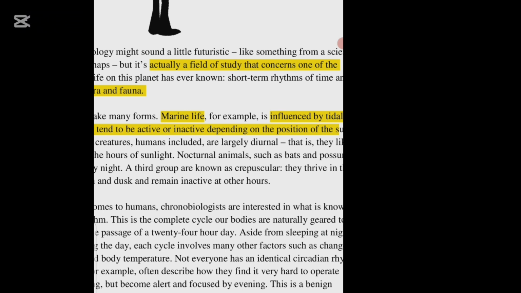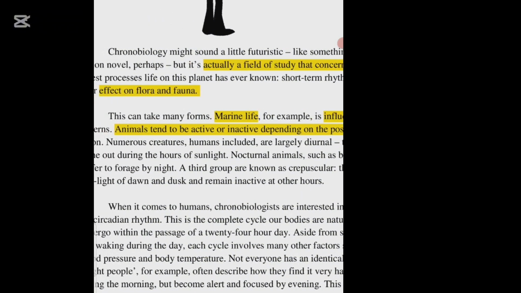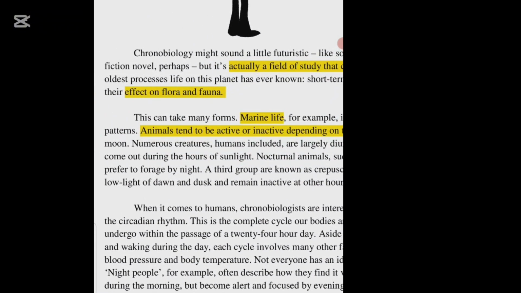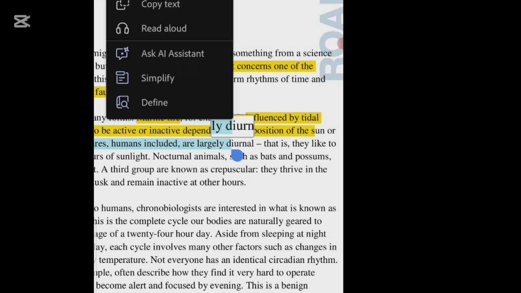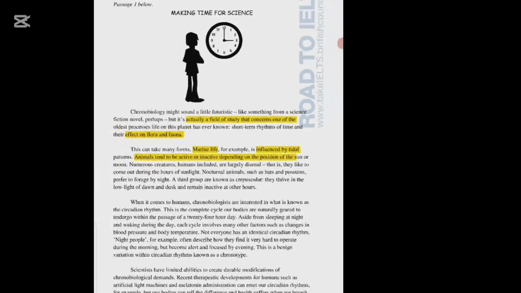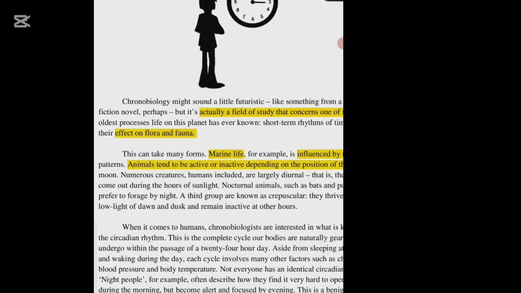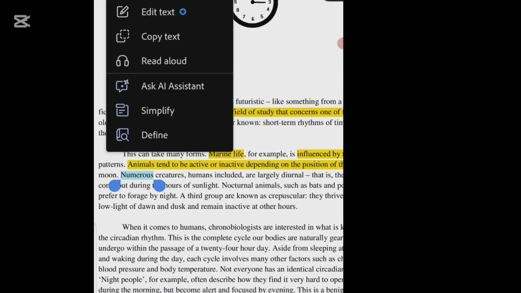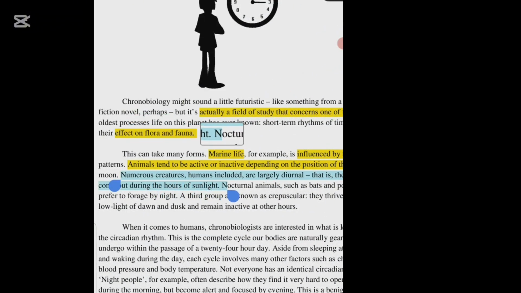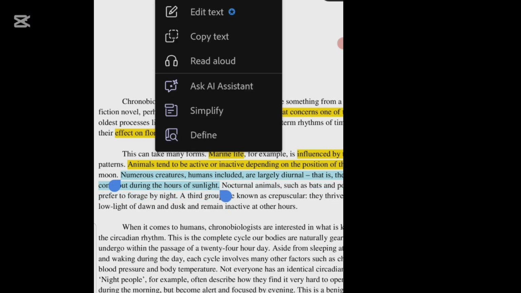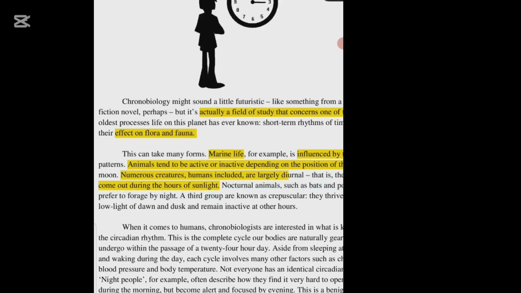But I've not seen that statement justify that they are mostly active during the day. Now, numerous creatures, humans included, are largely diurnal. That is, they like to come out. So the idea of coming out points to being active as well during the hours of sunlight, which points to daytime. So let's see whether this is a true, false, or a not given.